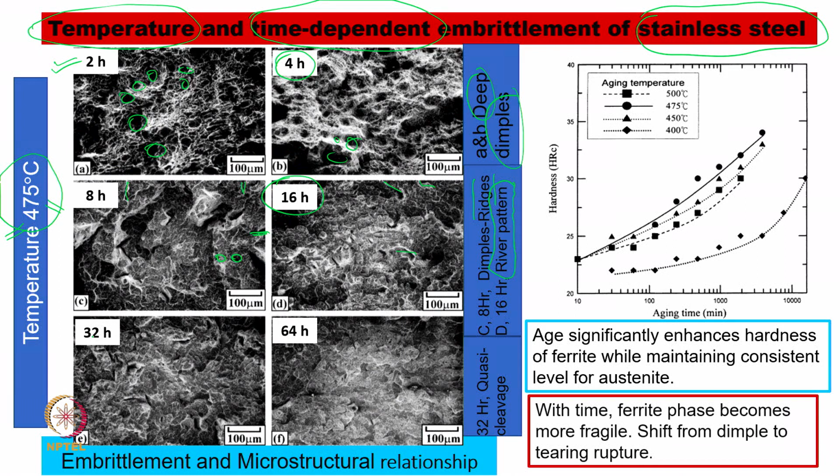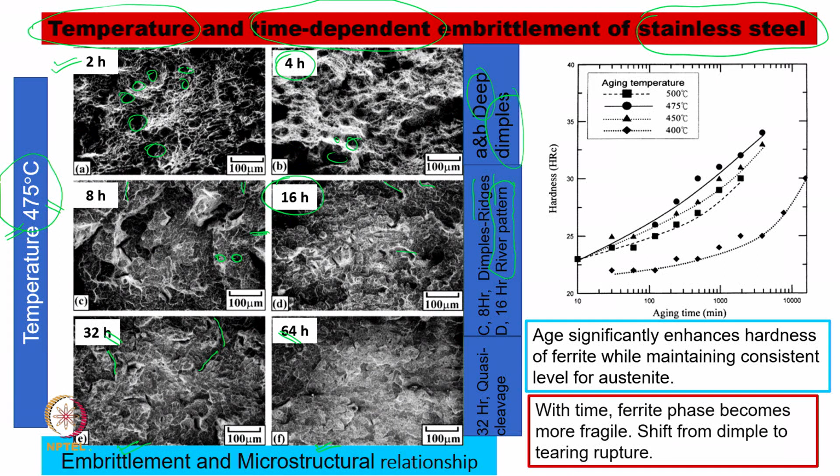Of course, at 32 hours and maybe 64 hours, we are able to see many cleavage failures, and that is indicative of brittle failure. So, this basically highlights that there is a relation between the embrittlement and microstructure.